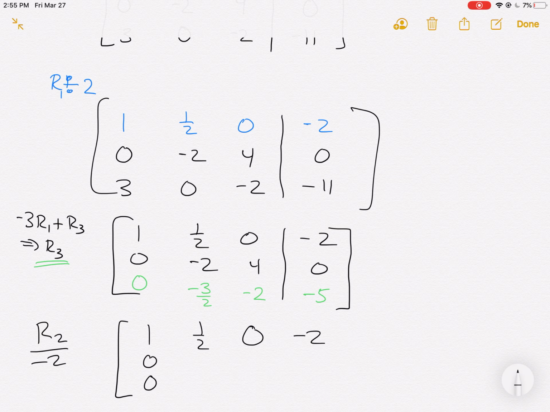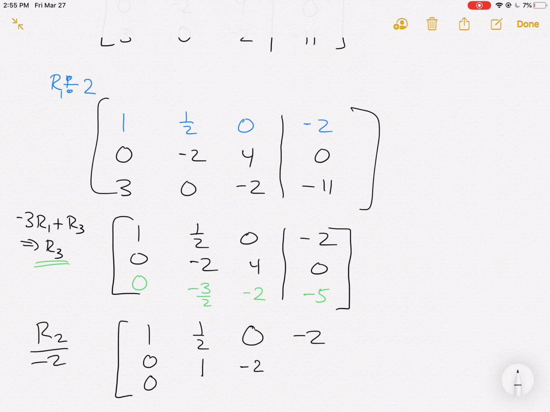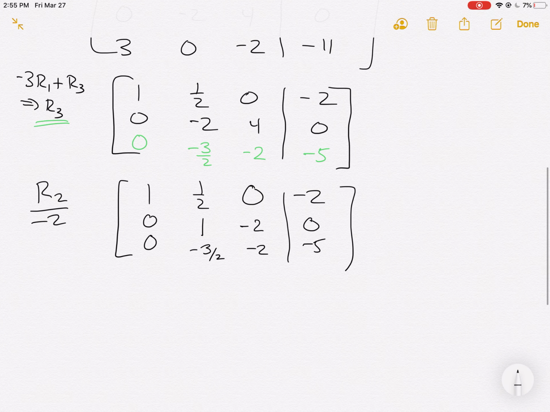Dividing that second row by negative 2: 0 divided by negative 2 is 0, negative 2 divided by negative 2 is 1, negative 2 going into 4 is negative 2, and 0 divided by negative 2 is still 0. Our bottom row, we're just continuing to bring across. Nothing changed there. We only divided that second row by negative 2.